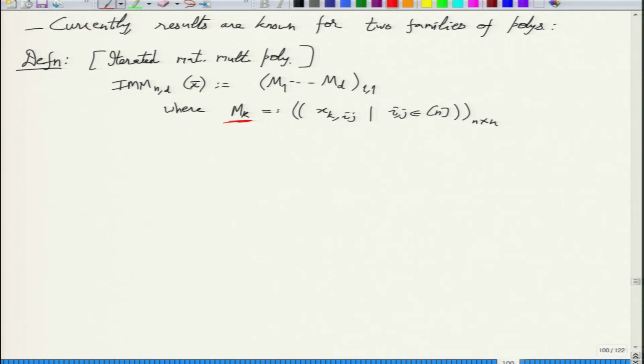So you multiply them. Right, so this is n square d variate and degree d.